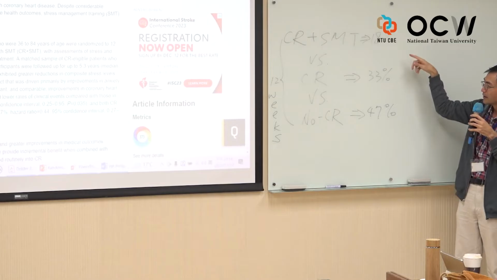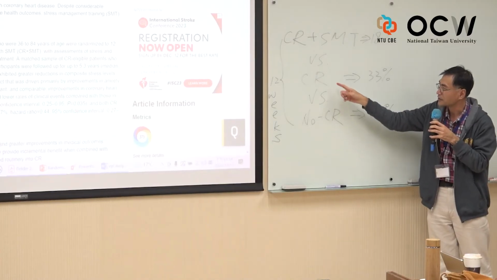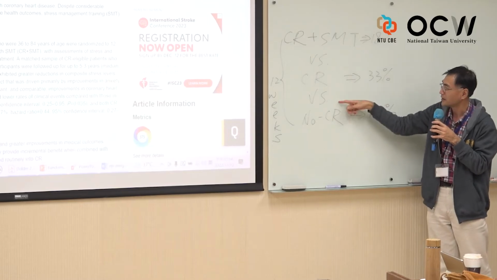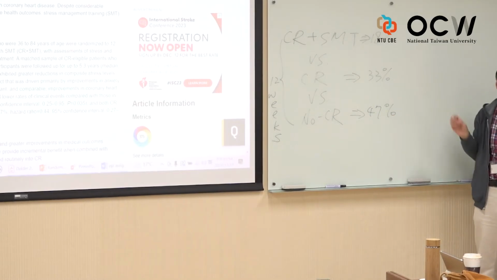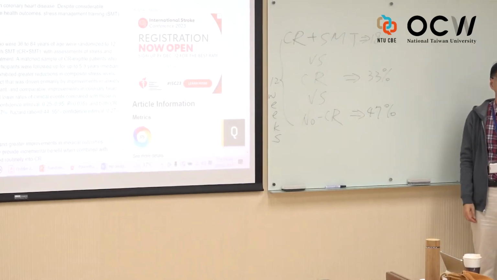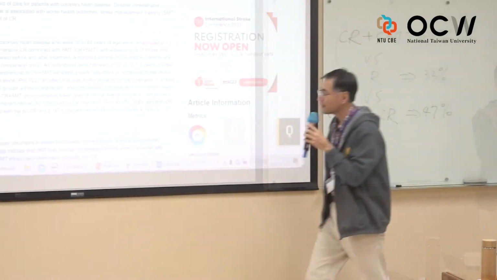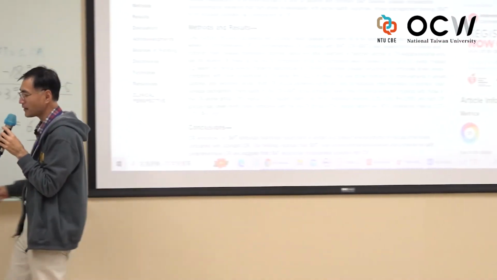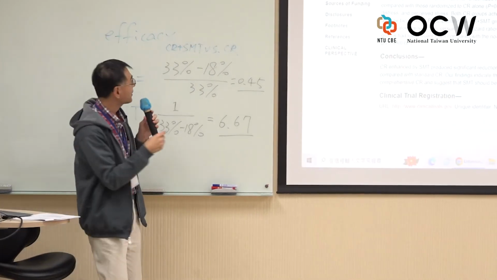Pretty low. But the ones who even refuse to do the CR, but have to be matched to this group, 47%. So pretty high, and all significant, right? So that's the essential information about the outcome. So actually we've got all the information available for the calculation of the efficacy.